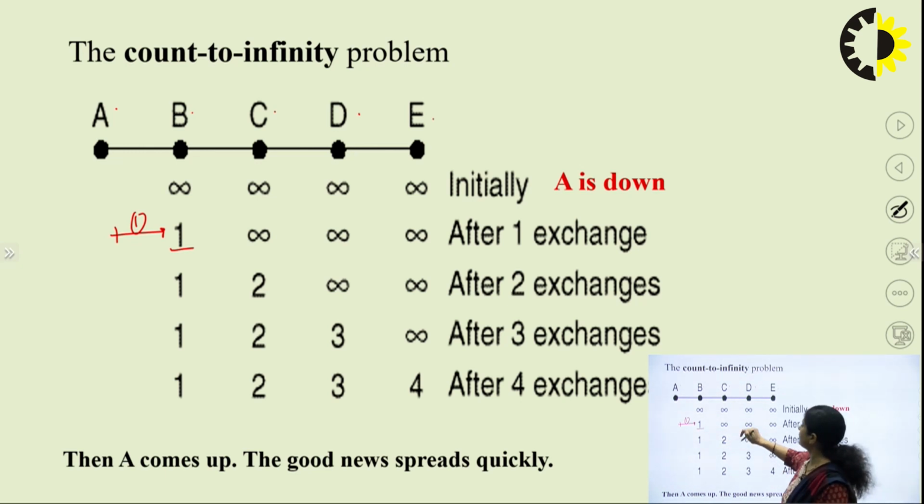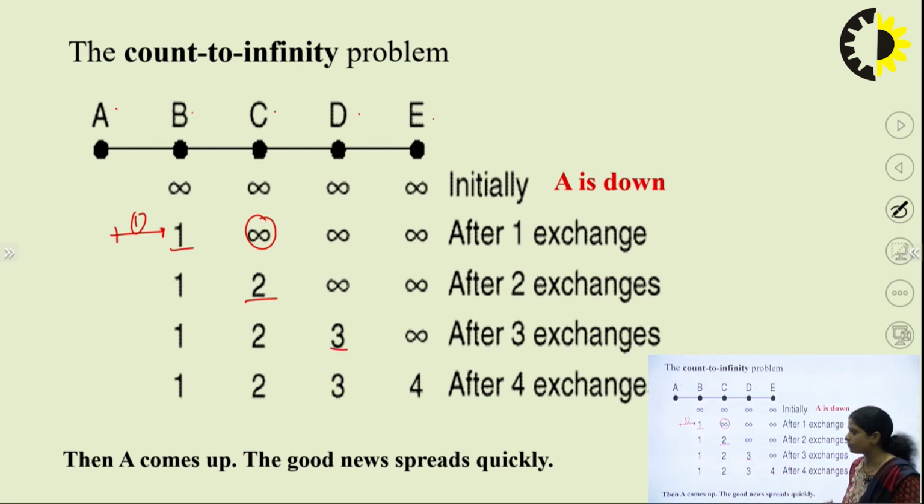So then C will come to know that if the distance is 1 via B and I am one distance apart from B, that means 1 plus 1, it will become 2. It will update its table. Next, D will update its table, next, E will update its table. So that's how it will be updated after 1 exchange, 2 exchange, 3 exchange, 4 exchange and so on.